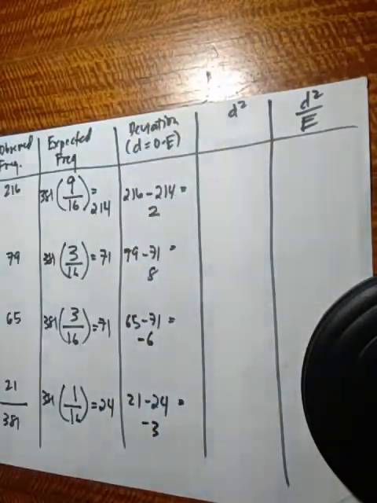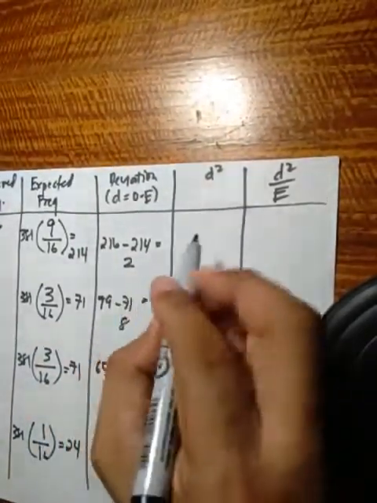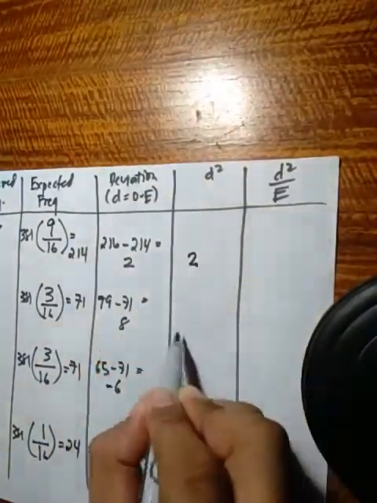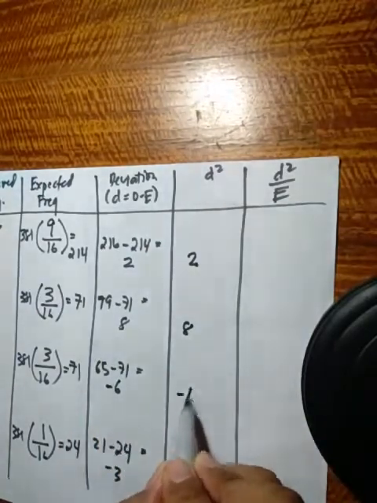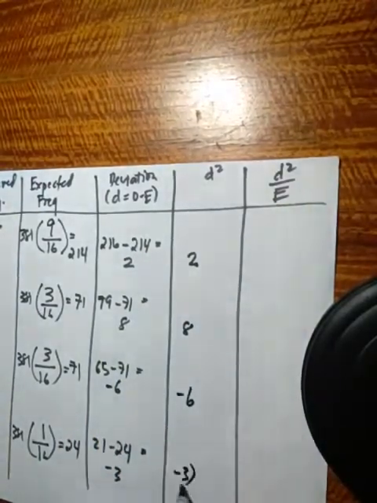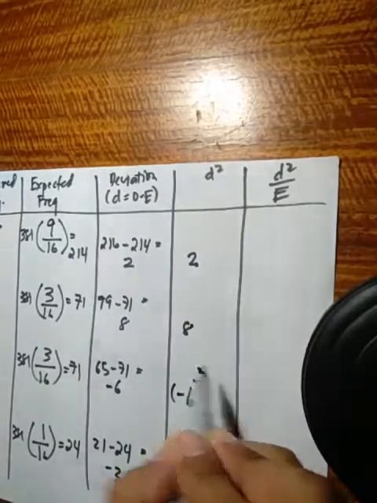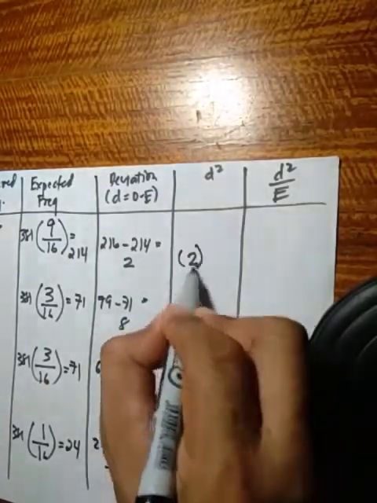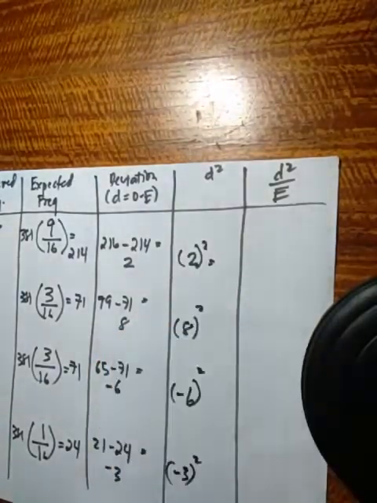So what do we do next? The next thing is we're going to square the d. So since the d is 2 here, the d is 8, the d is negative 6, and the d is negative 3, we're simply going to square this.